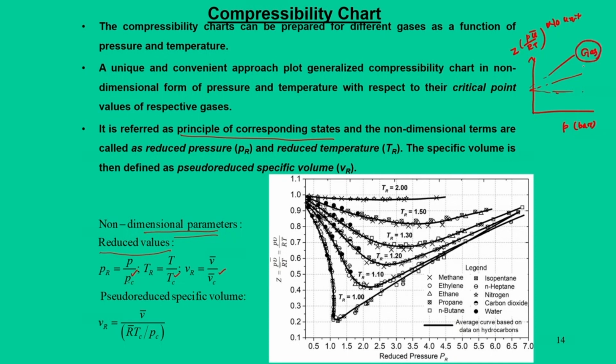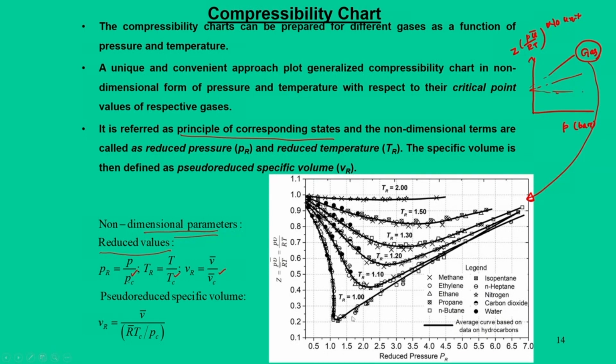This concept was changed in this particular figure, where P is replaced with the reduced pressure PR, which we get for a particular gas by normalizing it with respect to its critical pressure Pc, and the y axis remains Z.